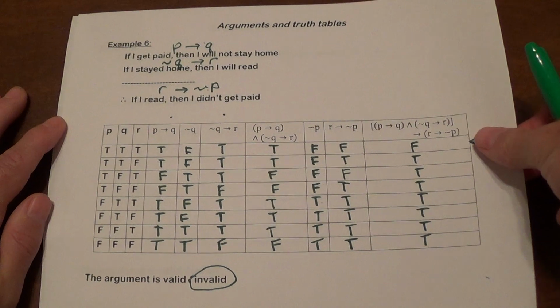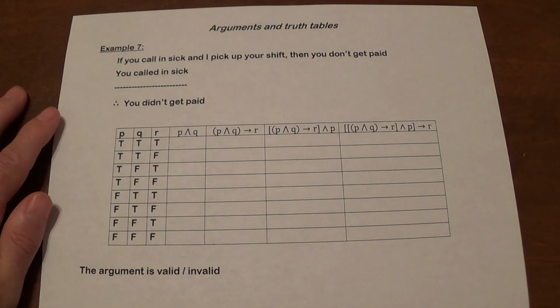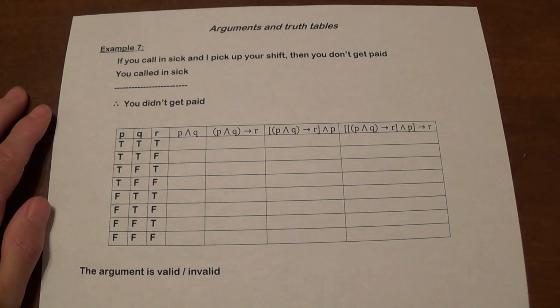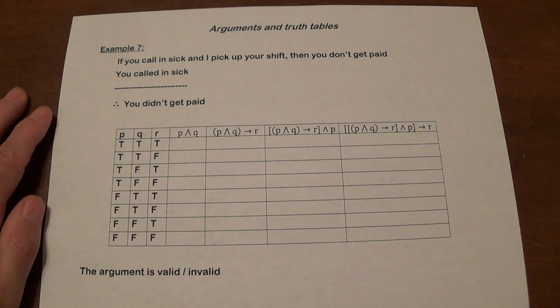And I believe this is our last example here. If you call in sick and I pick up your shift, then you don't get paid. You called in sick, therefore you did not get paid.